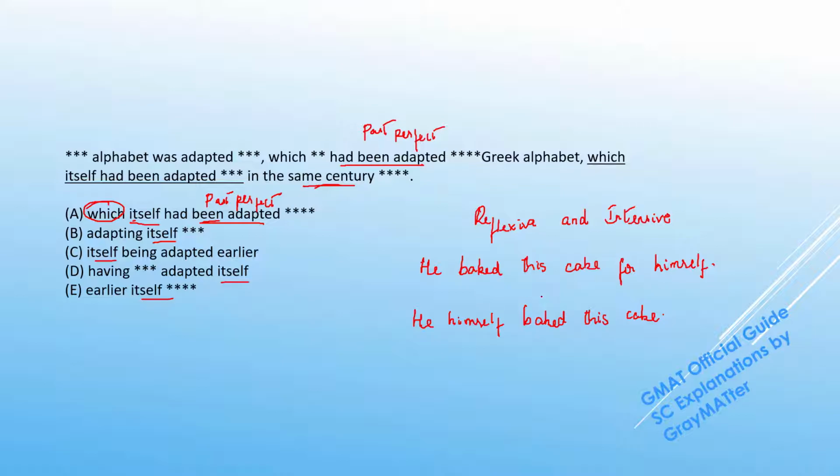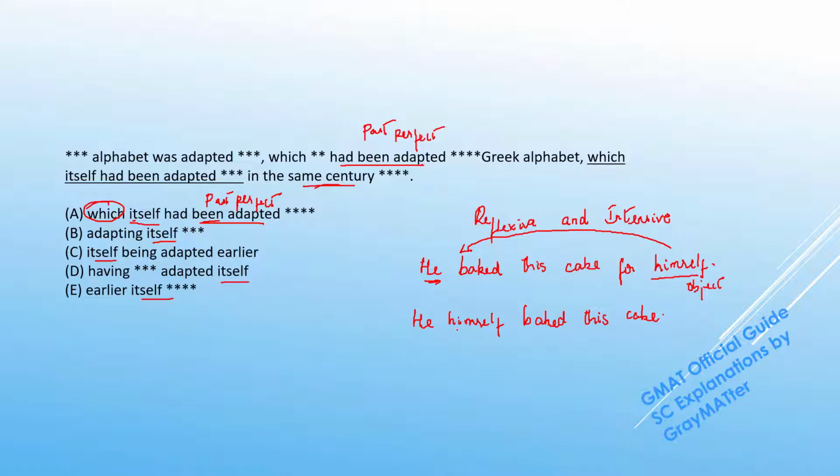So how do we understand this difference? See, when you say he baked this cake for himself, now here this himself is a reflection of he. And this is an object. So whom did he bake this cake for? Himself. So when the object pronoun is a reflection of the subject itself, this is called a reflexive pronoun.